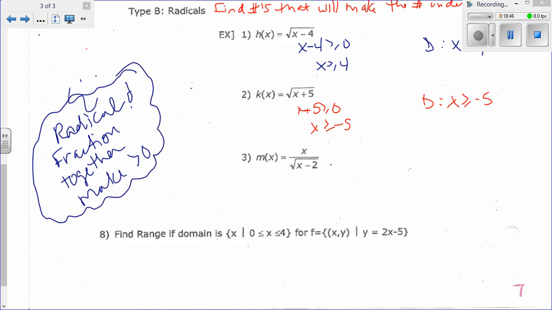So I'm going to simply say that x minus 2 is greater than 0. And I add 2, so x is greater than 2. So my domain is x is greater than 2.